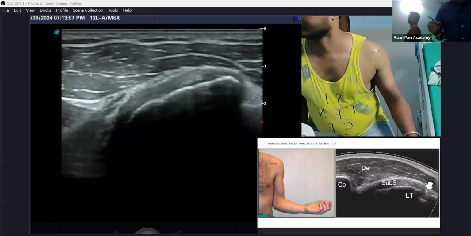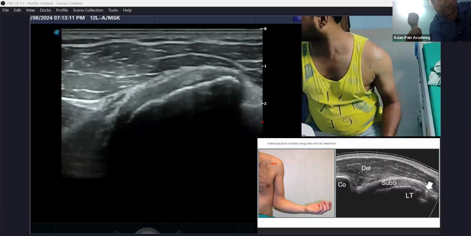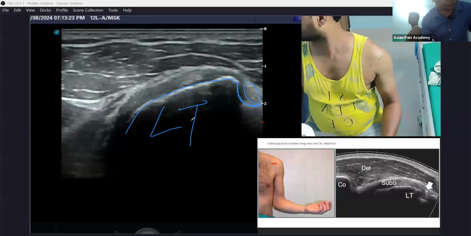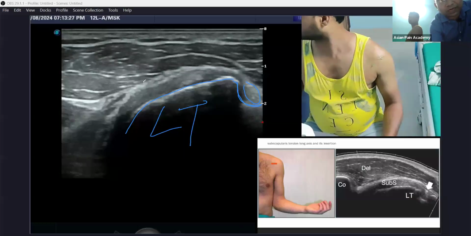Okay. So we have already understood that this was the bicipital groove and the biceps tendon is here, and this is the lesser tubercle. So where is the subscapularis?